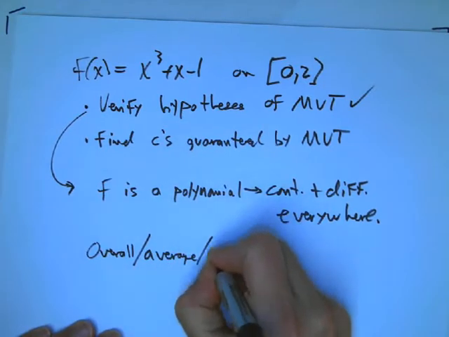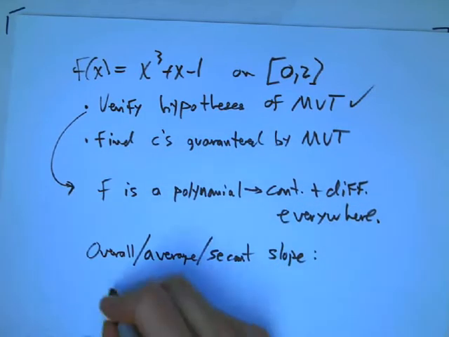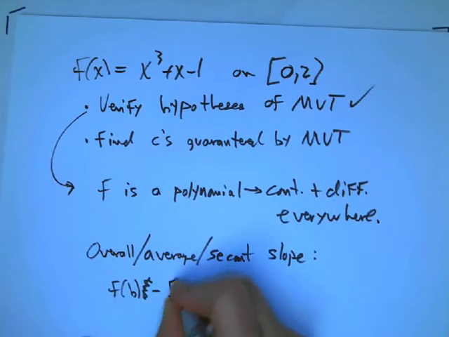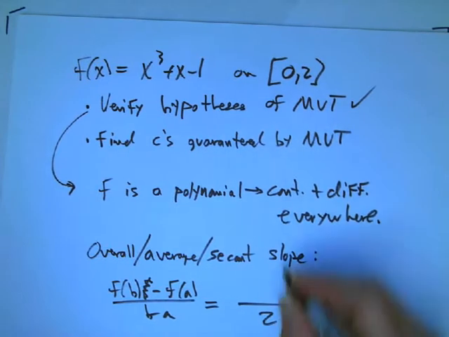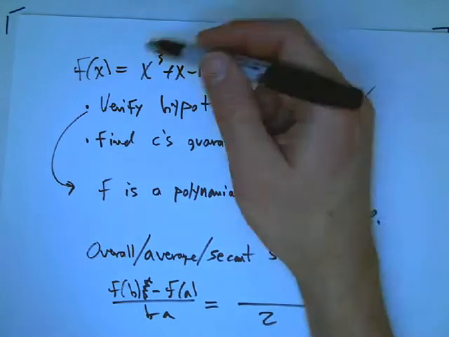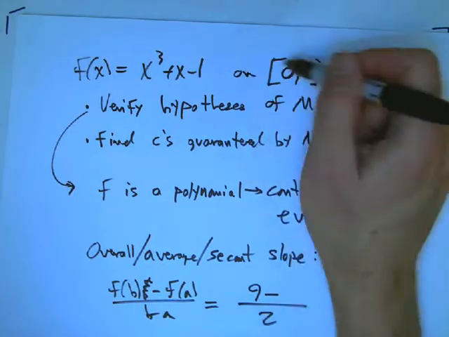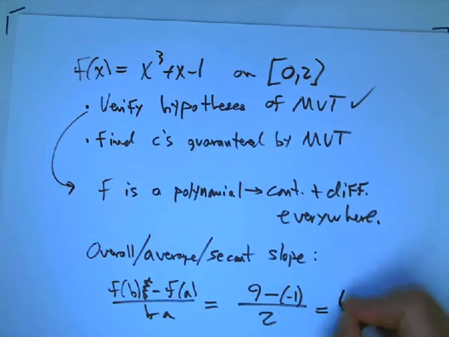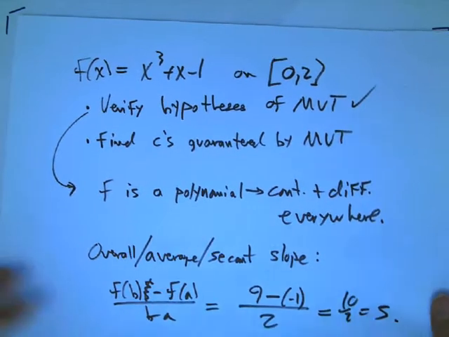So the overall, or average, or secant slope is just f of b minus f of a over b minus a. That's divided by 2, because that's the length of the interval. F of 2 is 8 plus 2 minus 1, which is 9. F of 0 is 0 plus 0 minus 1, that's minus 1. So that's 10 over 2, which is 5.